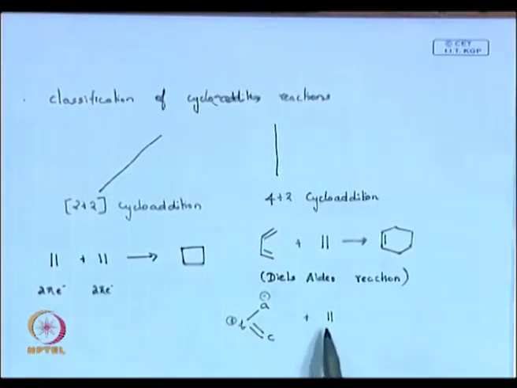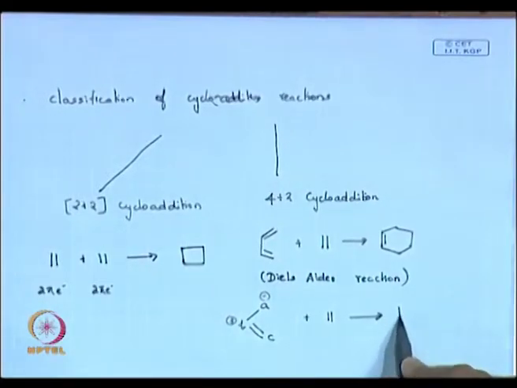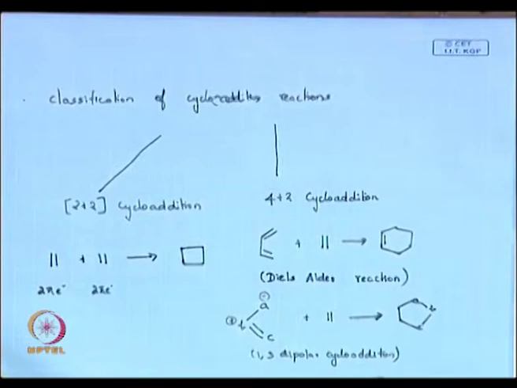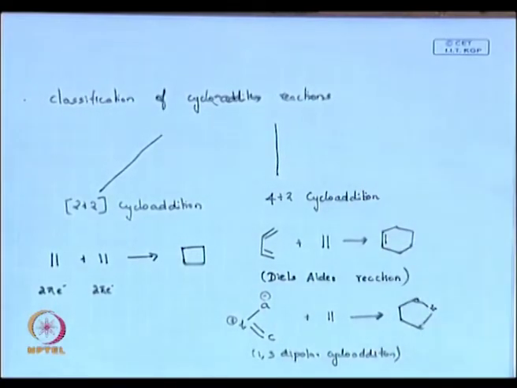So, it is a 4 electron system with your alkene to give you a 5 membered ring. This you can call, as you have studied, 1,3-dipolar cycloaddition. In the same way you can write 4 plus 4 cycloaddition reactions.